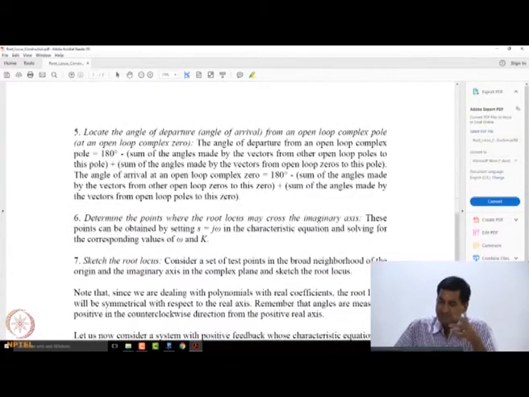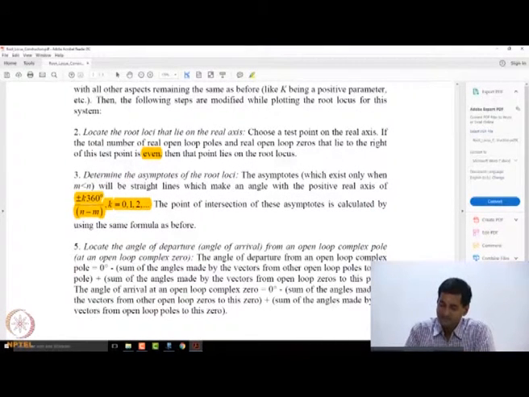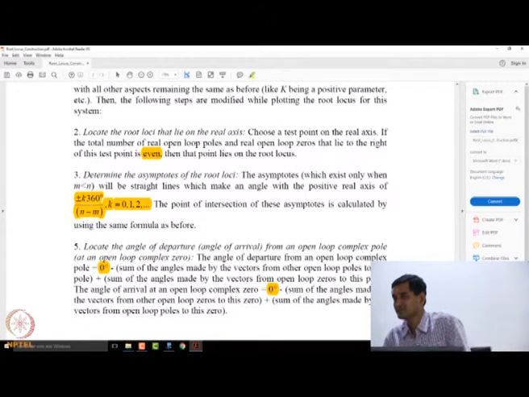Now, step 5, does it change? Obviously it does, because that depends on the angle condition, the angle of departure and angle of arrival uses the angle condition. So, instead of 180 degrees, the formula becomes 0 degrees or 360 degrees. Does not matter whether you put 0 degrees or plus or minus 360 degrees, it should be an even multiple of pi, that is what we want there.